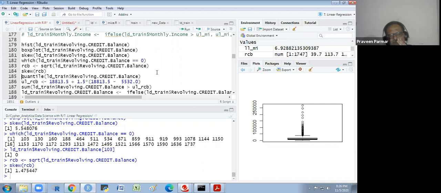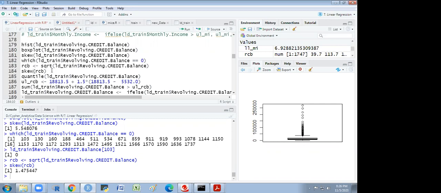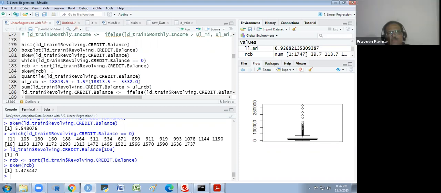Too much control. You could not control more than that. I could take the fourth root also. So the cube root we can take. No, it is negative, there is 0. We could take the cube root also.